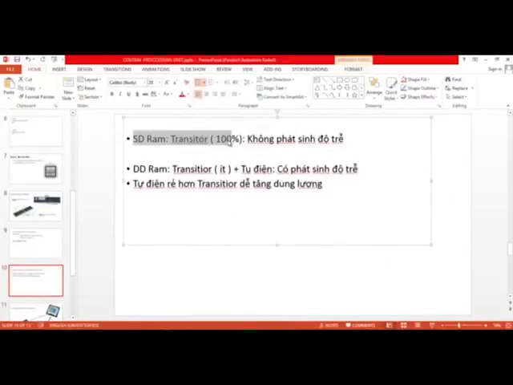Đó chính là lý do vì sao RAM họ dùng tụ điện còn bộ nhớ cache CPU họ lại dùng transistor. Bởi vì khi dữ liệu một khi đã nằm trên CPU rồi thì bắt buộc phải xử lý rất nhanh với tốc độ rất lớn và không được phát sinh độ trễ. Các bạn cũng lưu ý là với bất kỳ một thiết bị nào, nếu họ trang bị bộ nhớ cache thì họ sẽ dùng công nghệ sản xuất là transistor nha.